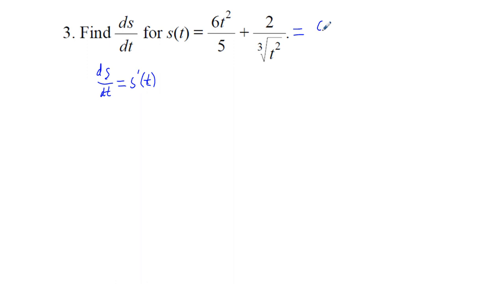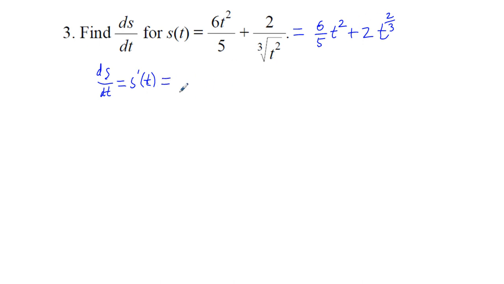So I'm going to have first 6/5 of t squared, and then plus 2, and then this cube root of t squared in the bottom is going to be t to the power of 2/3 when we bring this up into the numerator. So a calculus-friendly form.